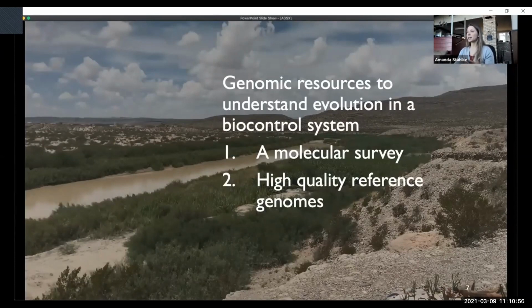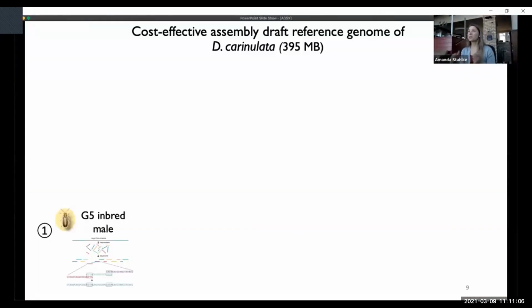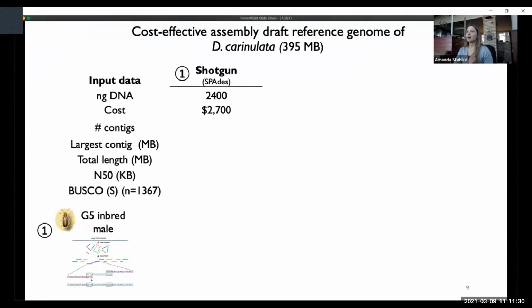But I'm also excited to present these genomic resources that we're developing, high quality reference genomes. So to get started here, we did assemble a cost-effective assembly of Diorhabda crenulata with flow cytometry. This has a relatively manageable genome size, and so we took a crack at it. The first thing we did was perform shotgun sequencing of a 5th generation inbred male.